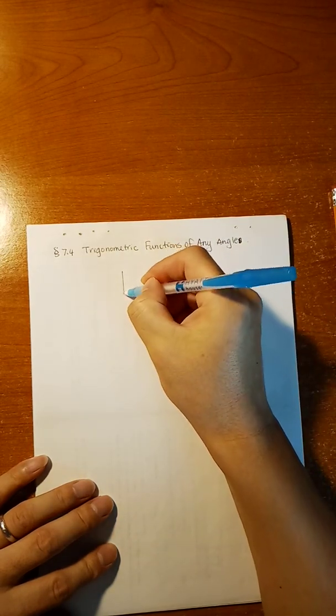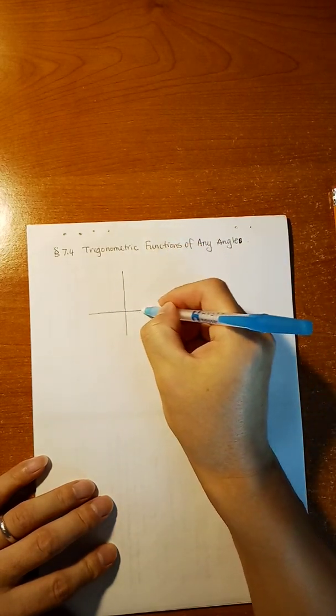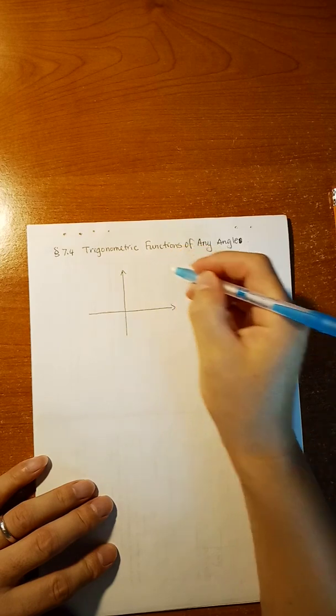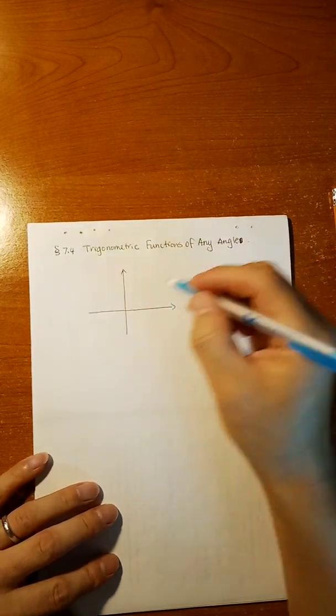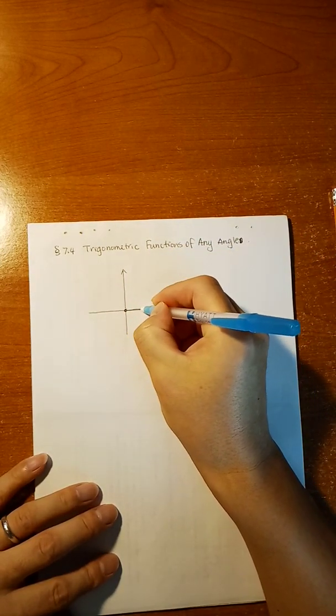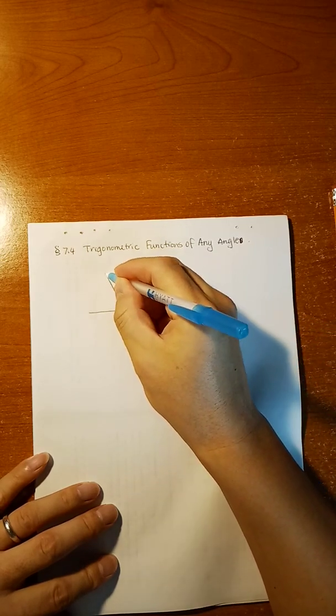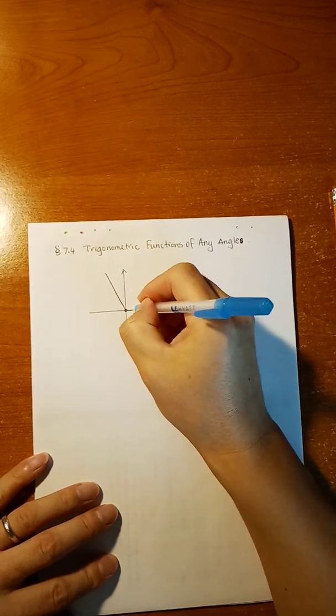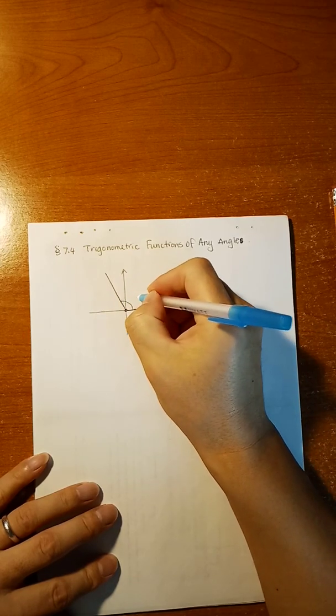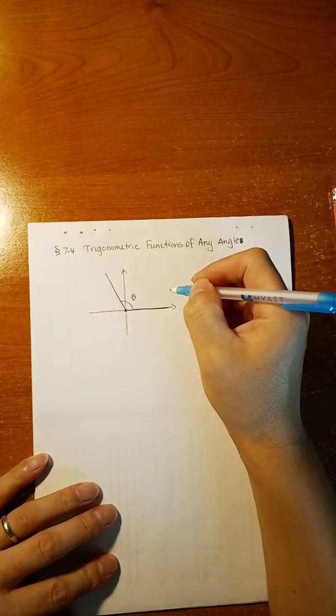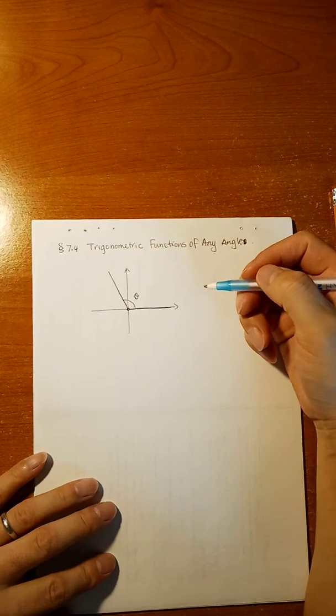Once we get an arbitrary angle, we have to place it in the standard position. So in standard position, the initial side is here, and then you get a terminal side. So this is angle theta. And what's next?